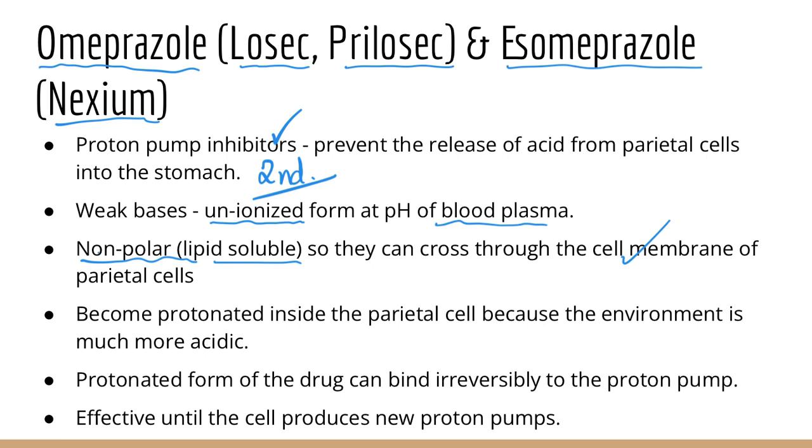Then when they're inside, they become protonated, gaining an H plus inside the parietal cell because the environment is so much more acidic. That protonated form can then bind irreversibly, and that's really important, to the proton pumps. It's effective until the cell produces new proton pumps, and the cell continuously produces new proton pumps, so you do have to take this medication over time.